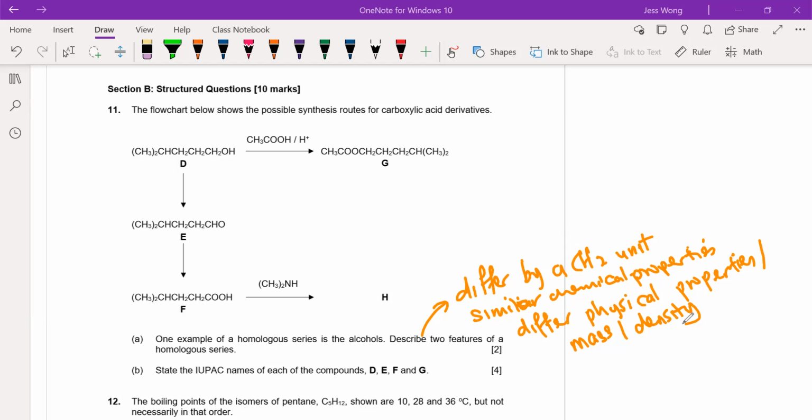Okay, so that will answer the question for the 2 features of a homologous series.